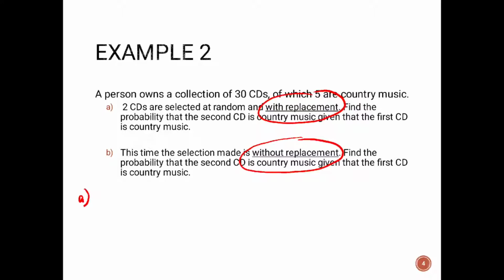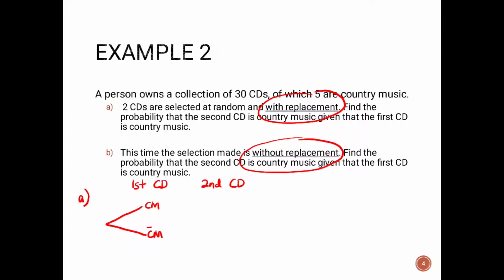You will choose 2 CDs. This is the first CD, and then the second CD, so you will have 2 levels of branches in your tree diagram. For the first CD, it will be either country music or non-country music.